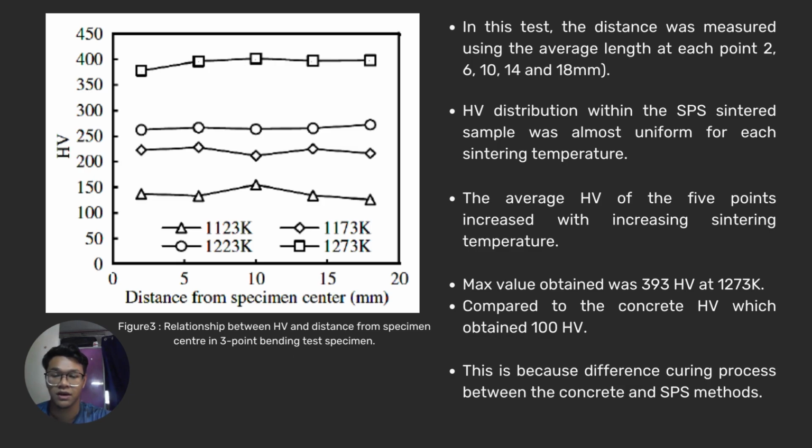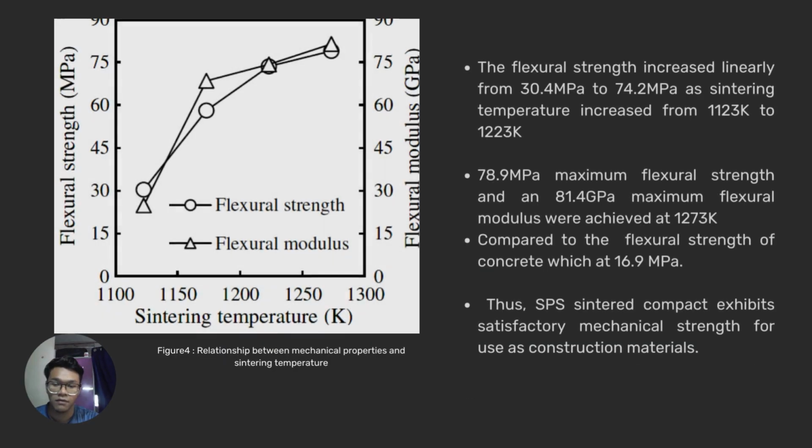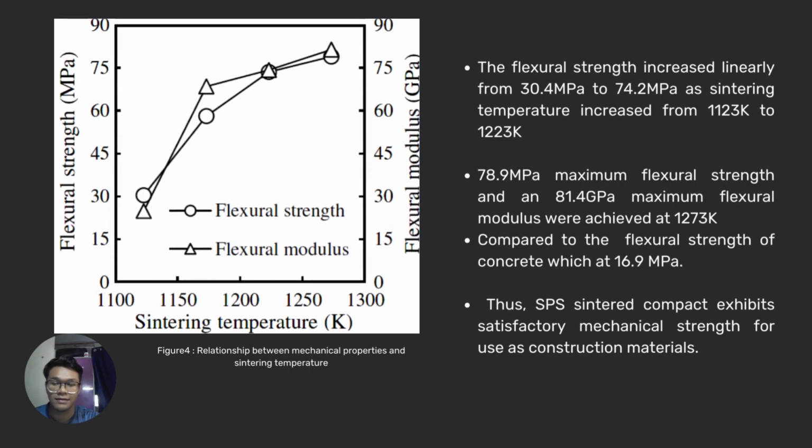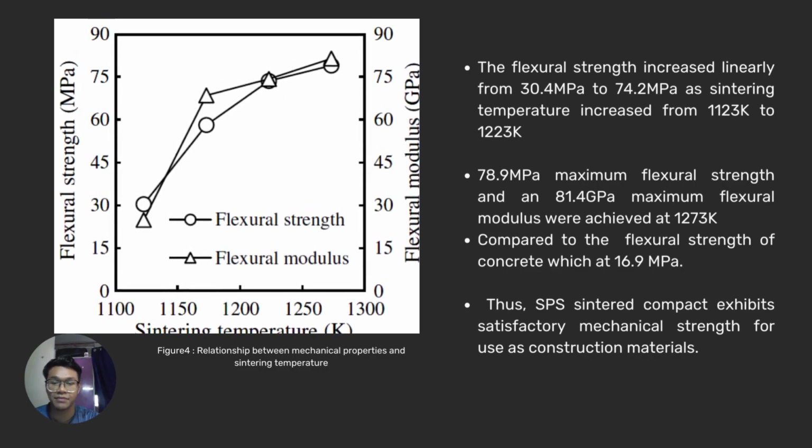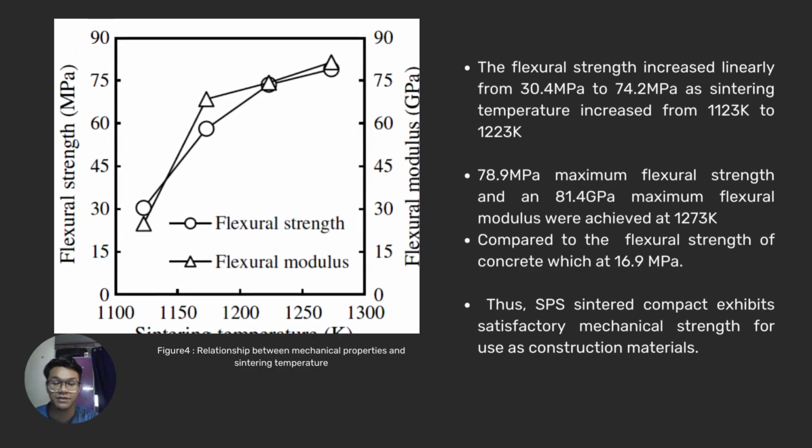We can conclude that using the SPS method, we can achieve a higher Vickers hardness value compared to the normal one, concrete. This is because of the different curing process between the concrete and the SPS method. For figure 4, the relationship between the mechanical properties and sintering temperature.